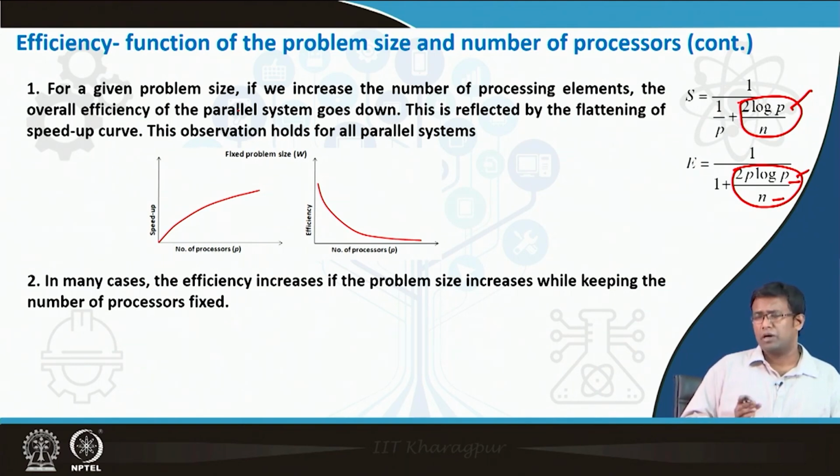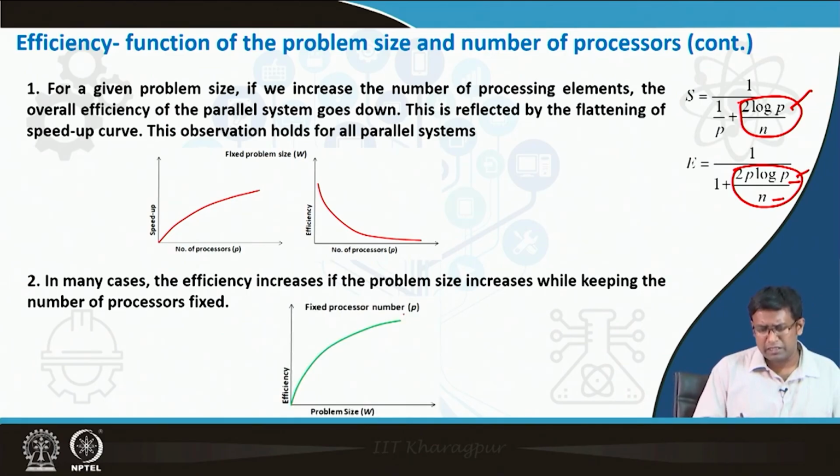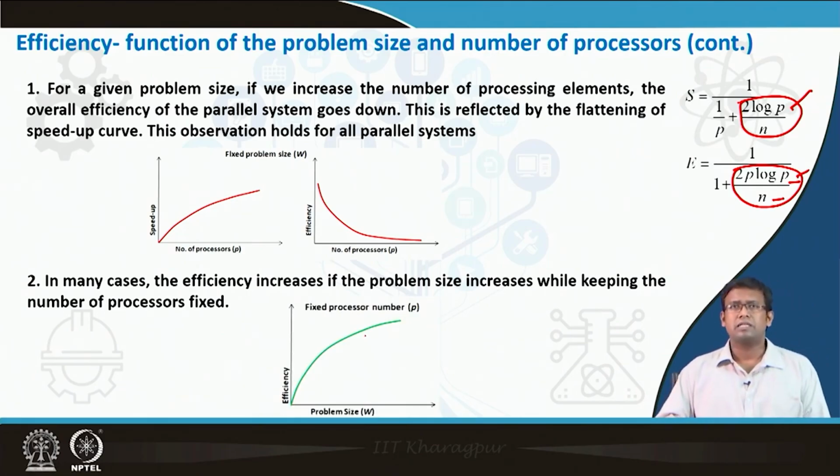There can be some contrary examples, but in most of the cases it holds, that if you increase the problem size keeping the number of processors fixed, efficiency increases. So we can understand that for a larger problem with the same number of processors, efficiency will be more. For the same problem with an increased number of processors, efficiency will be less.